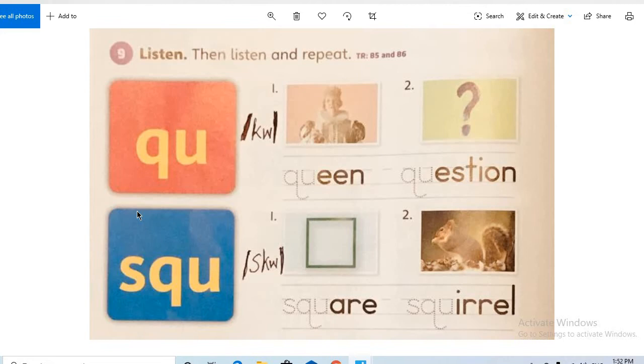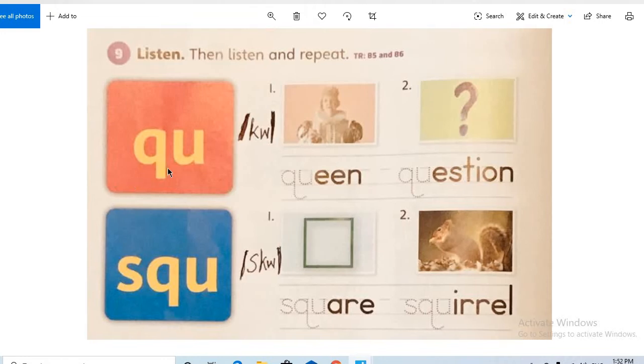In this lesson, we are going to learn the sound for the letter Q, and about words with the letter Q, some other words that you know. I will give you some examples, and I'll be expecting an example from you too. Please look at this. What letter is this?